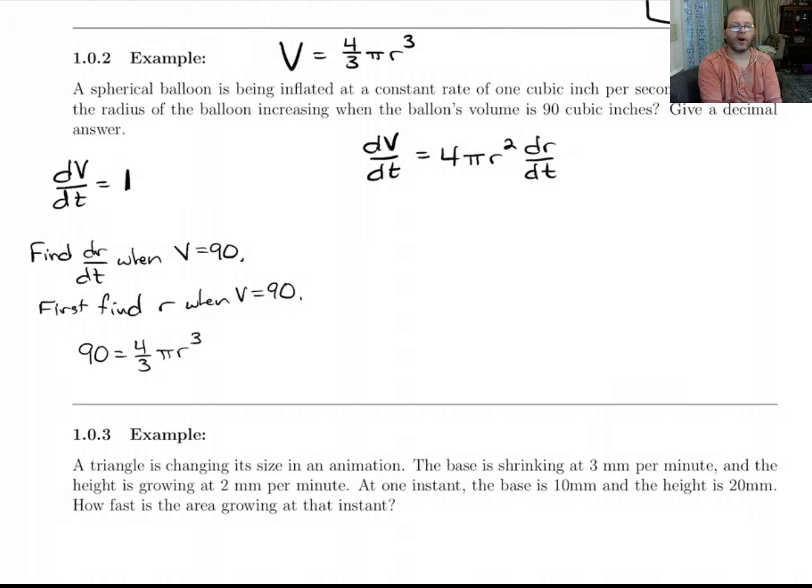We've got to solve that for r. So I'm going to multiply both sides of this equation by 3/4. What's a fourth of 90? 22.5. Anyway, we get 67.5 equals pi r cubed.